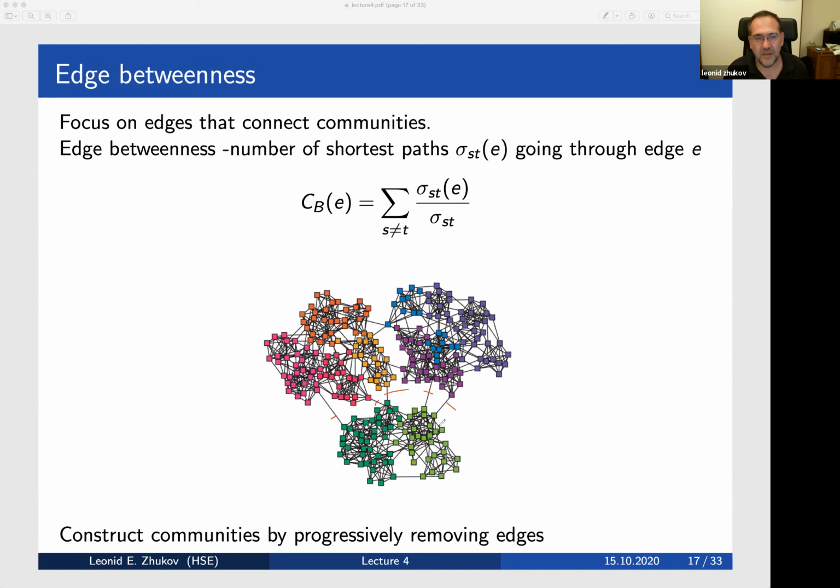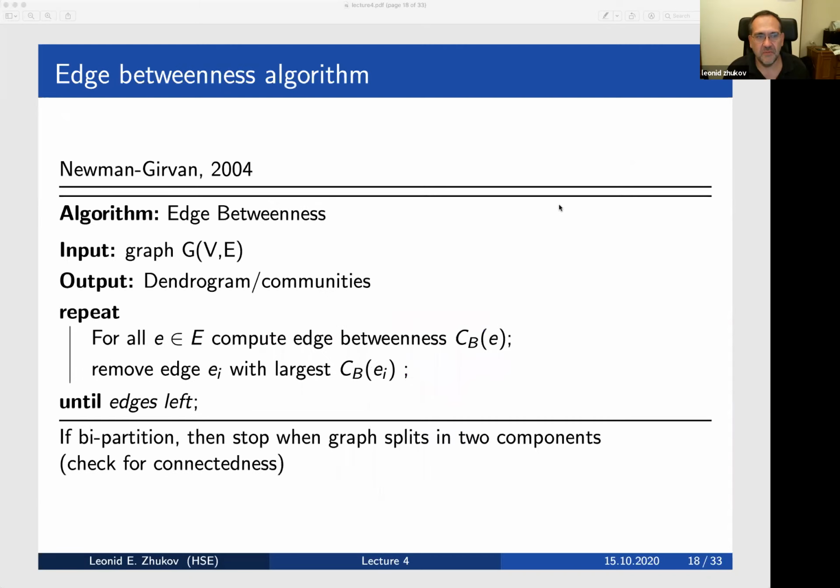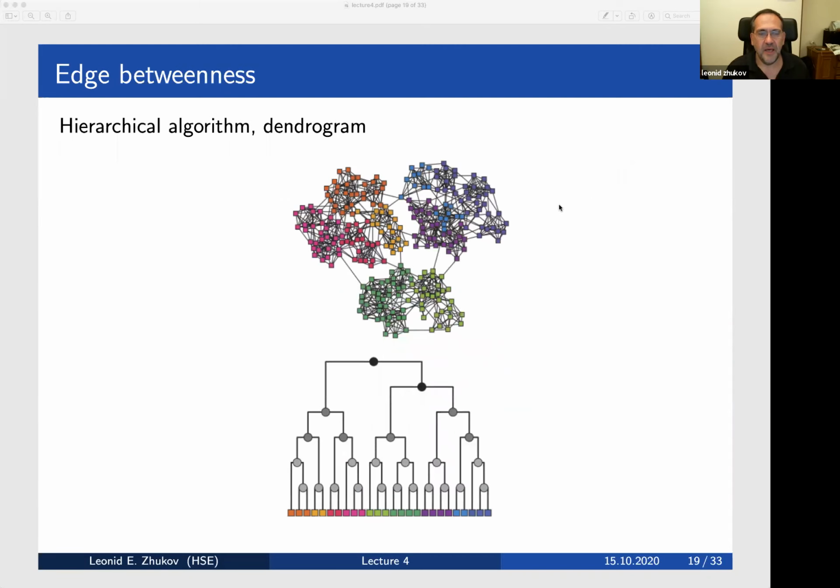Then you pretty much cut out this. Okay, and the cost of this cut, if I measure it by the cut values, is 1, 2, 3, 4, 5, because I had to cut 5 edges. So that's the edge betweenness algorithm. It's very straightforward in terms of what it does.